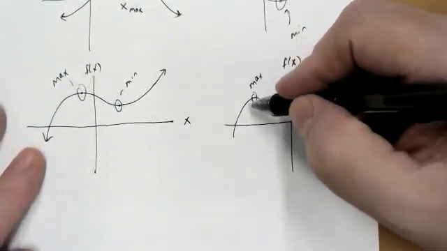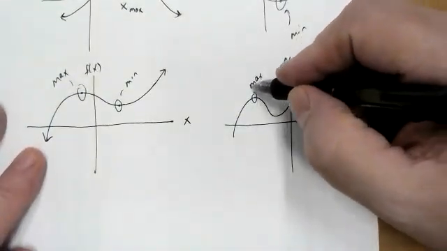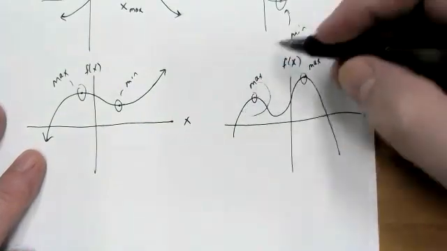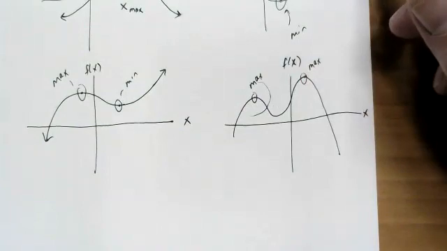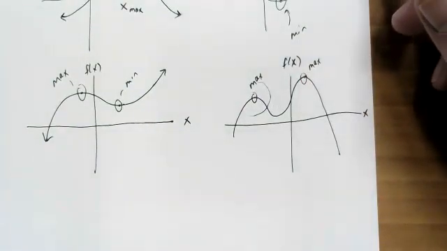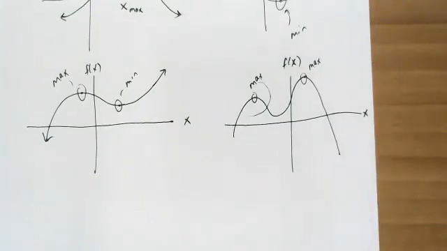Relative means in this area, since it goes up and then comes down, what is the relative max or min? So that's why it's easiest just to think of either a hill or a cup.